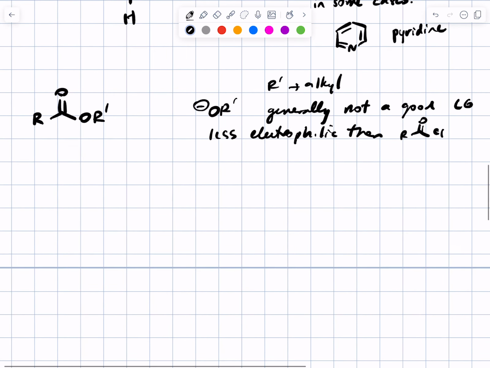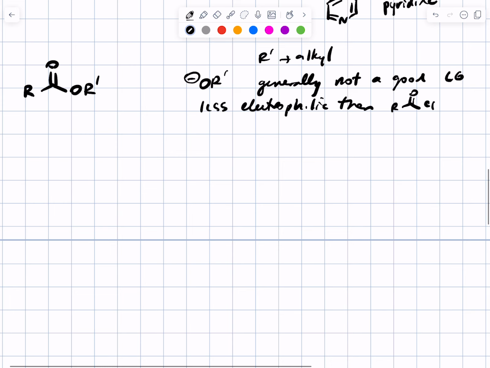So you might expect reactions involving esters to require more strenuous conditions or to require some kind of catalyst to help the reaction happen.